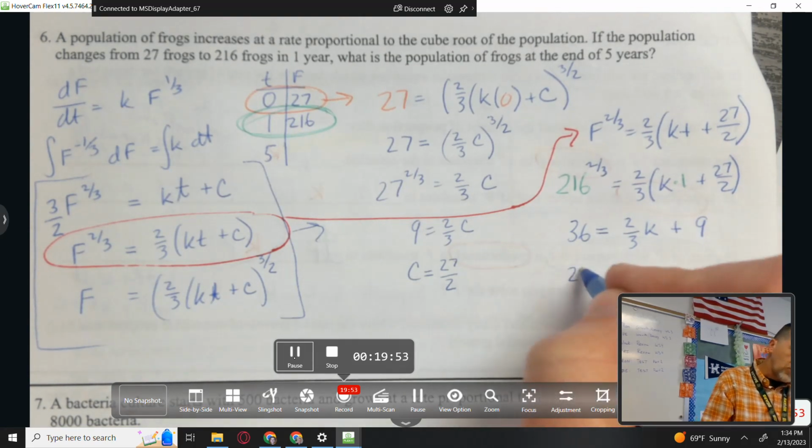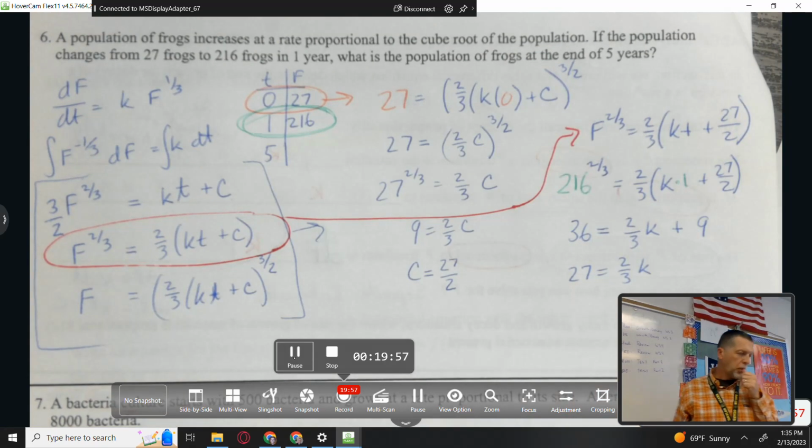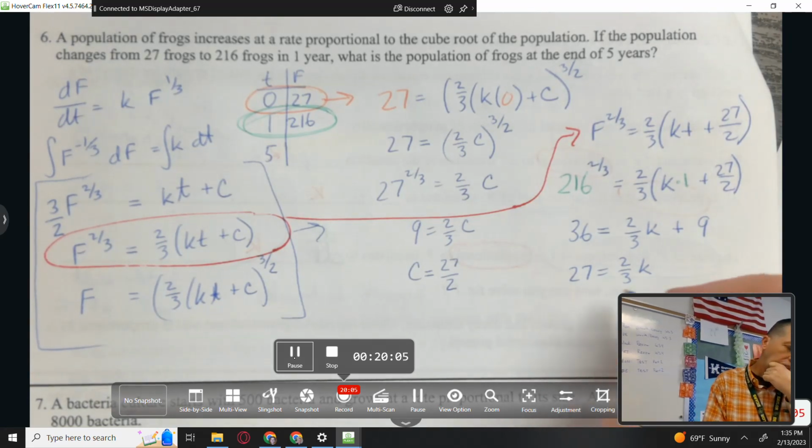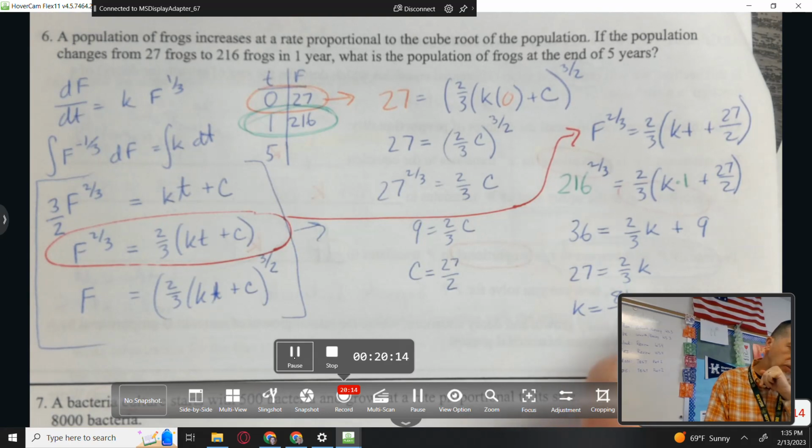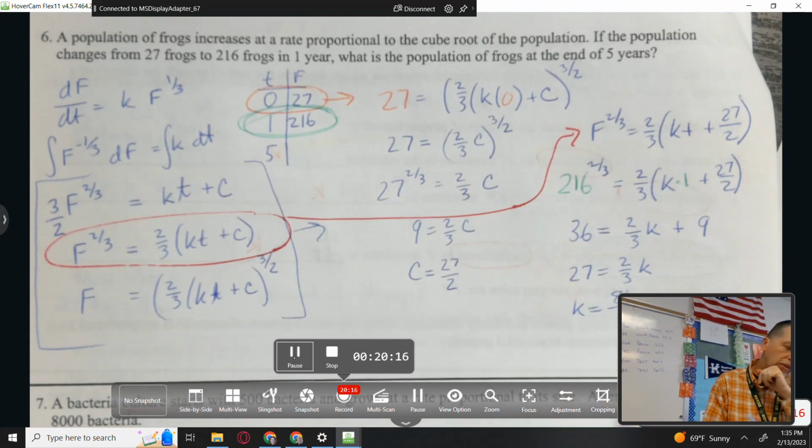So 27 equals 2/3 K. So K equals 27 times 3, which is 81 over 2. Yeah, 81 over 2.